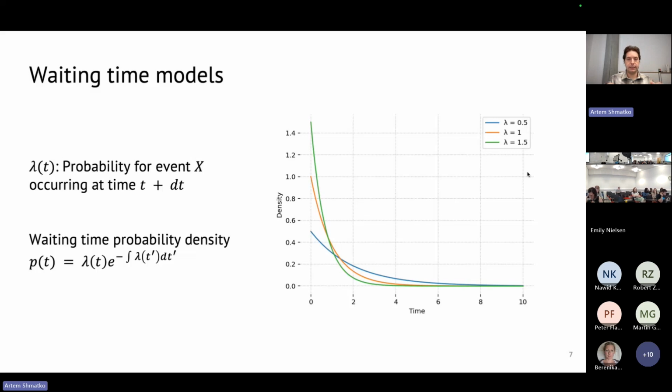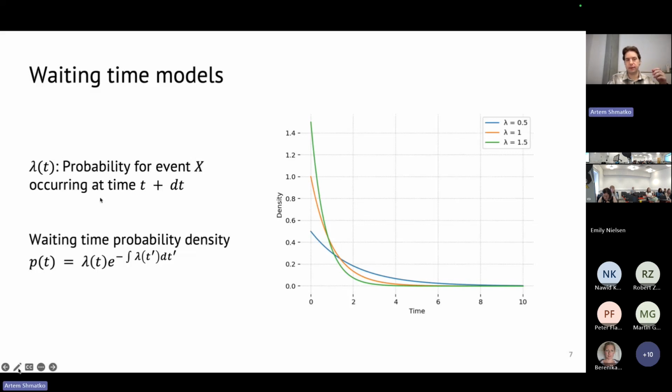Imagine that for a certain disease there is a constant rate of getting this disease. For example, the probability of getting it during the time gap from t to t plus dt is, say, lambda.